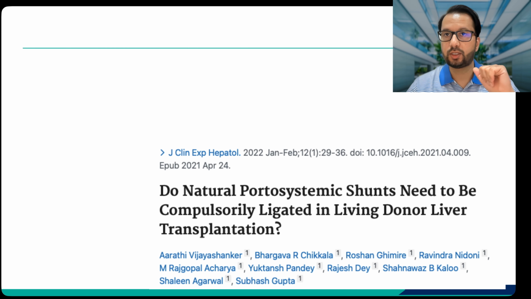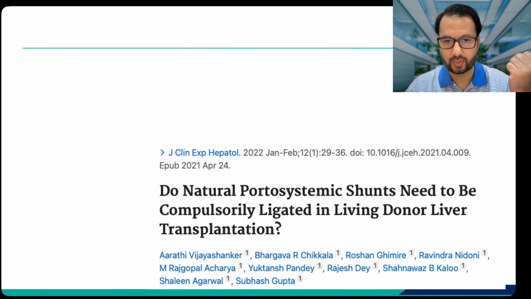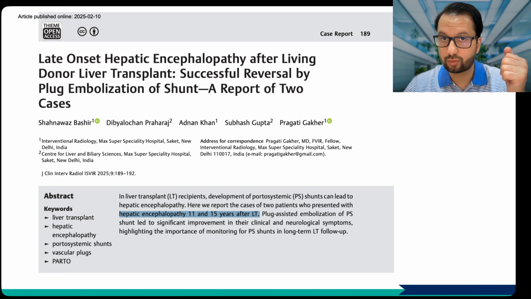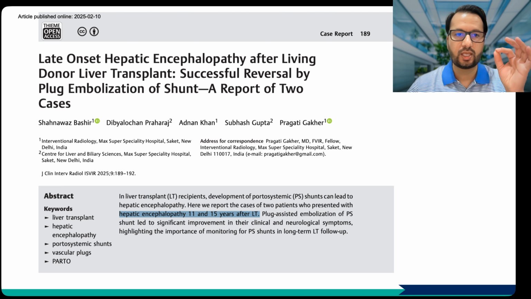Few years back, we also published our experience with these shunts, and whether or not they always need to be ligated, and how and when we do the endovascular embolization for these shunts. We also published two interesting cases in the form of a case report.